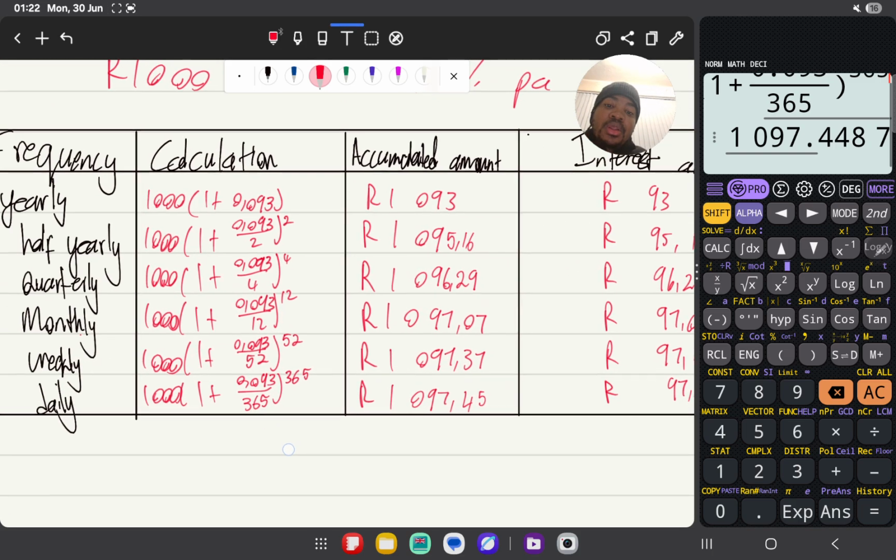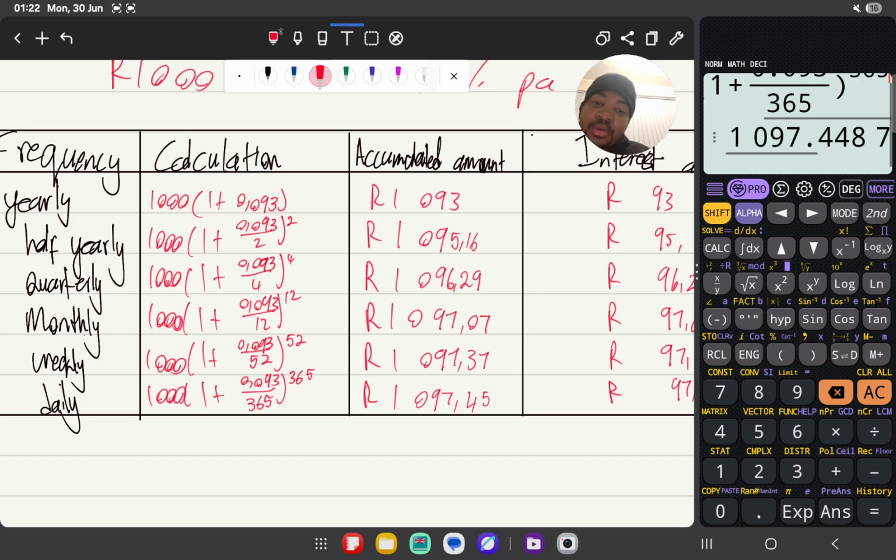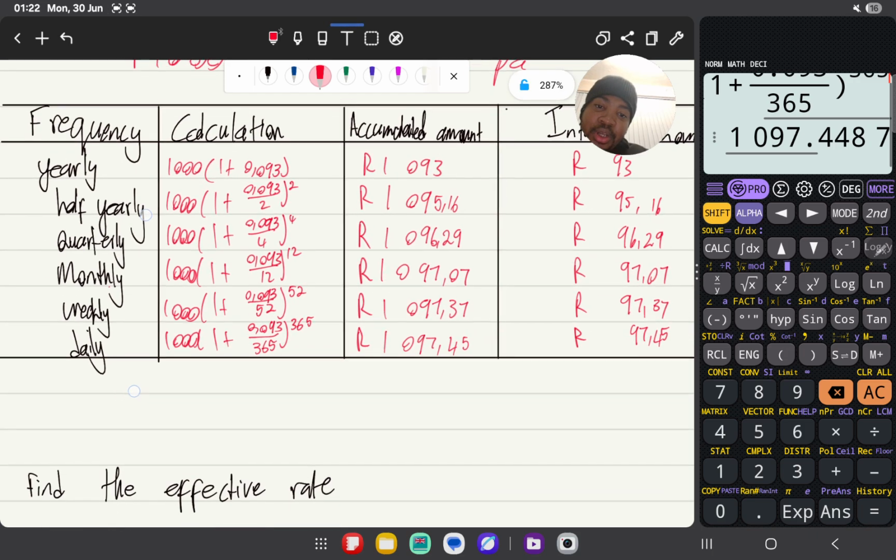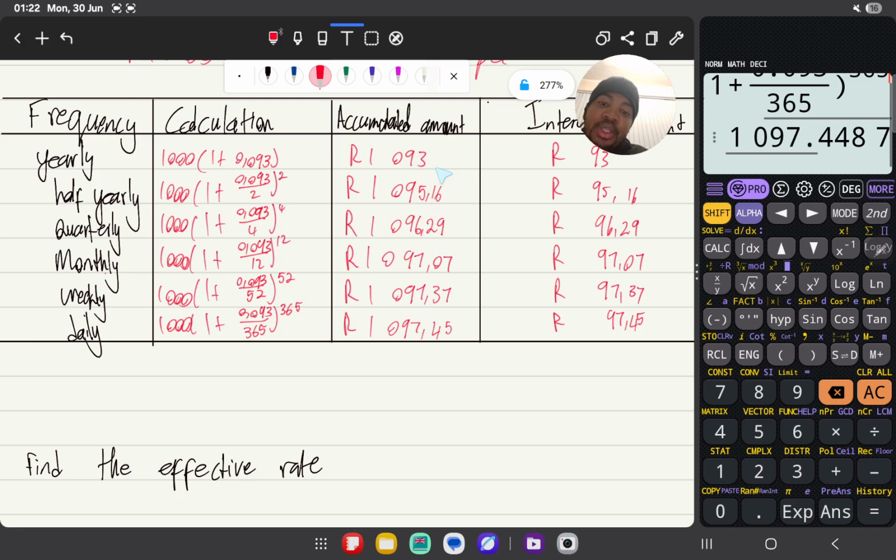The one I want us to focus on is this one. We're going to take all these values, because these are the accumulated amounts, and use them to find our effective rates. Remember, the effective rate is the simple interest rate that gives you the same accumulated amount, given that you invested the same principal.